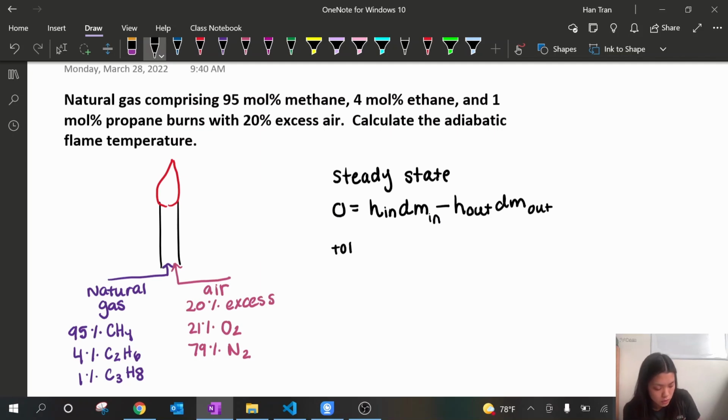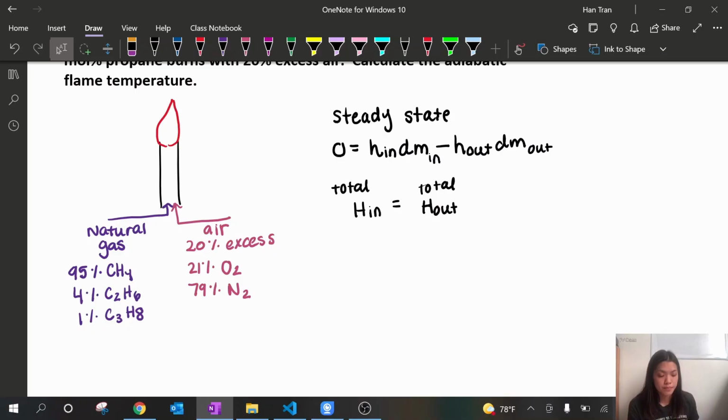So the total enthalpy in is equal to the total enthalpy out. This fact is very important as we continue to look at how to solve for the temperature of the flame.